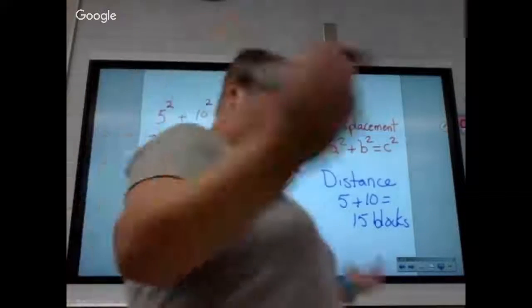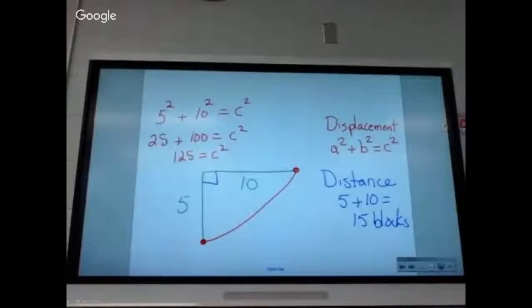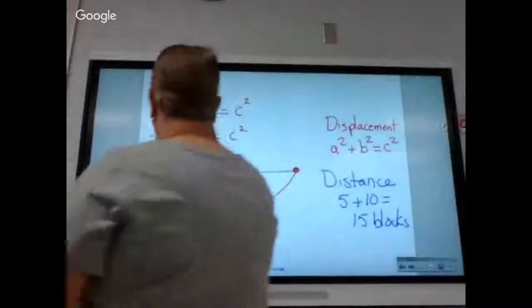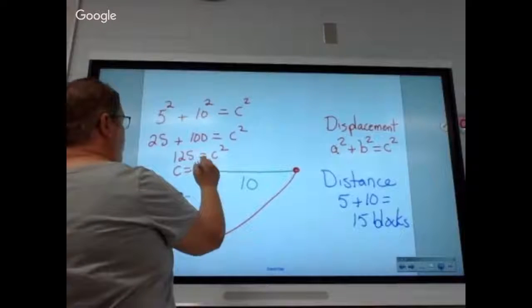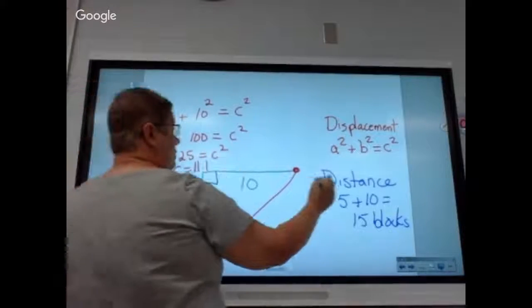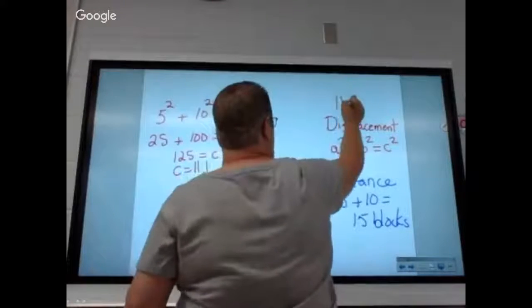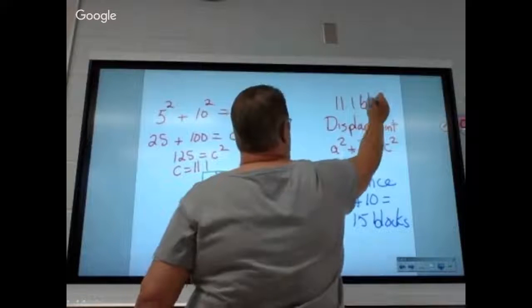Now, the square root of 125, most people are not going to know off the top of their head. It's 11.1. So c squared becomes c equals 11.1. And again, the unit is blocks. So 11.1 blocks.